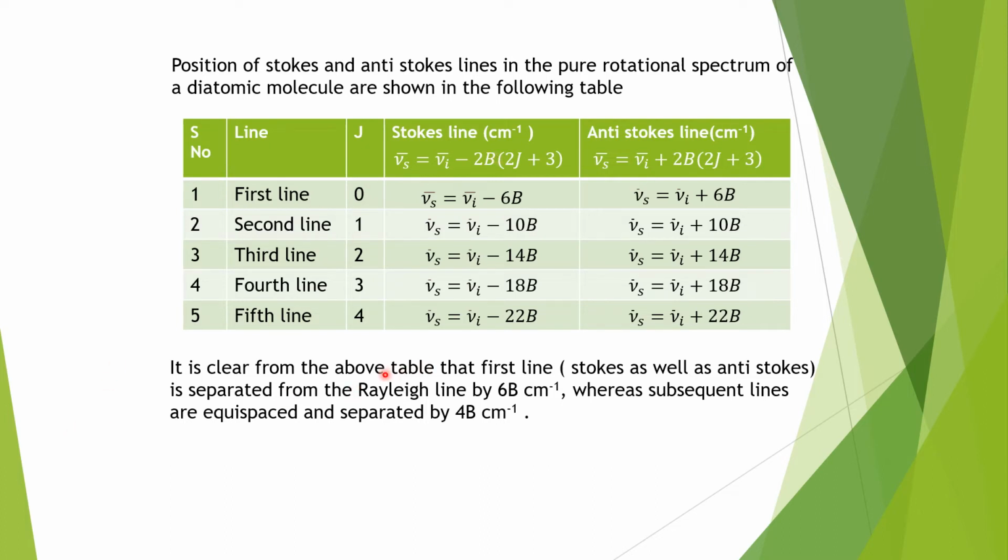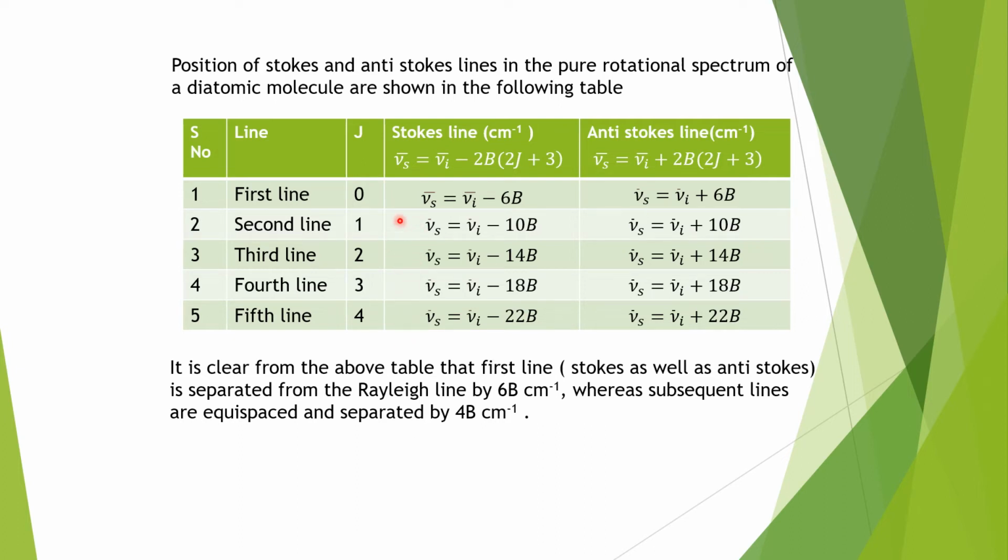So it is clear from the above table that the first line, that is Stokes as well as anti-Stokes line, is separated from the Rayleigh line by 6B centimeter inverse. So here you can see in both the cases of Stokes line and anti-Stokes line, the first line is separated from the Rayleigh line by 6B centimeter inverse, whereas in the rest of the cases, that is for J equal to 1, 2, 3, 4, the Stokes and the anti-Stokes lines are equispaced and they are separated by 4B centimeter inverse.